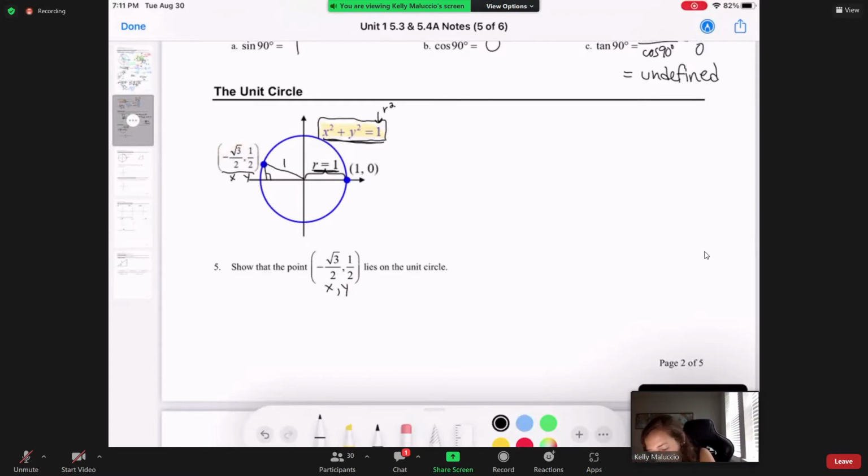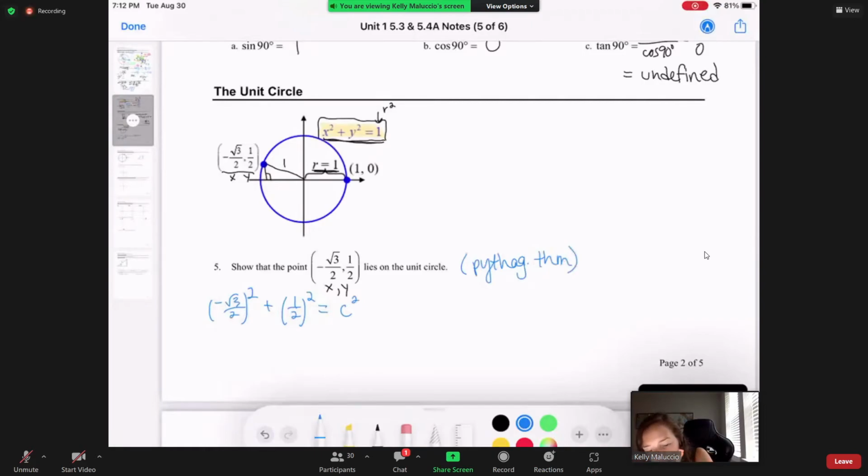So I'm going to have negative square root of 3 over 2 squared plus 1/2 squared equals c squared. I can do this as if it's a right triangle, or I can just say equals r squared, but we're going to use the Pythagorean theorem here.